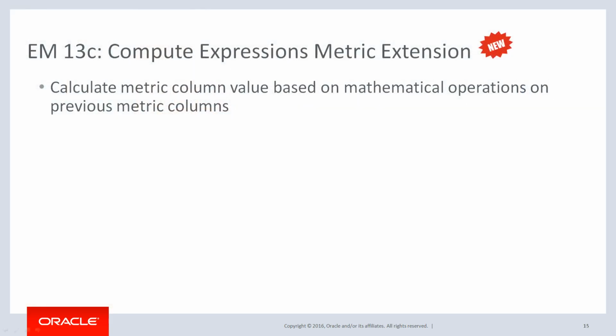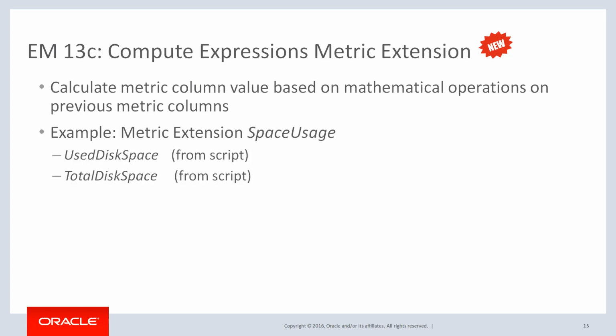Starting with EM13c, you can now calculate a metric column based on the value from another metric column. This new feature is called Compute Expressions. With Compute Expressions, you can do arithmetic operations between columns in the same metric extension. An example of this is when you want to get the percentage free space. To get this value, first we use a script to get the used disk space and total disk space.